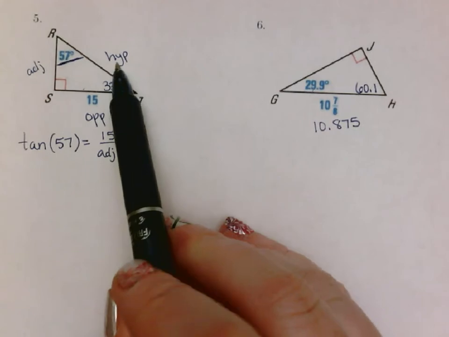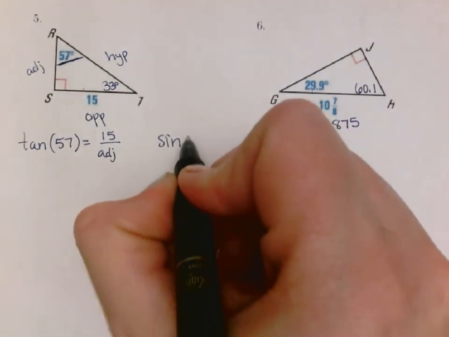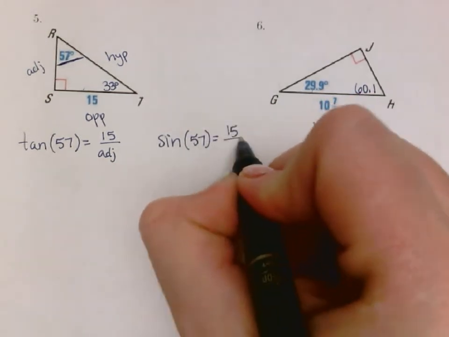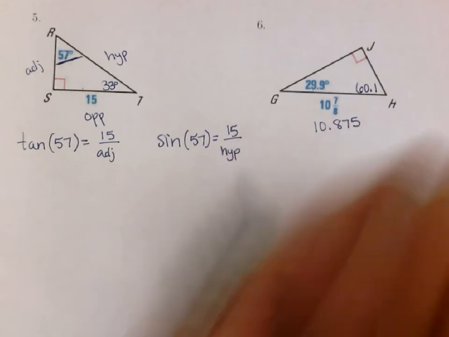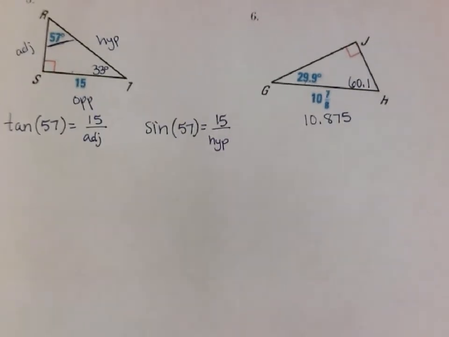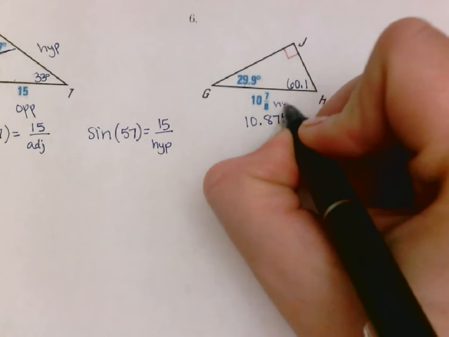To find the hypotenuse, opposite and hypotenuse, that would be sine of 57 equals 15 over hypotenuse. In both these problems, for what I use to set up, I would have to cross multiply and then divide.